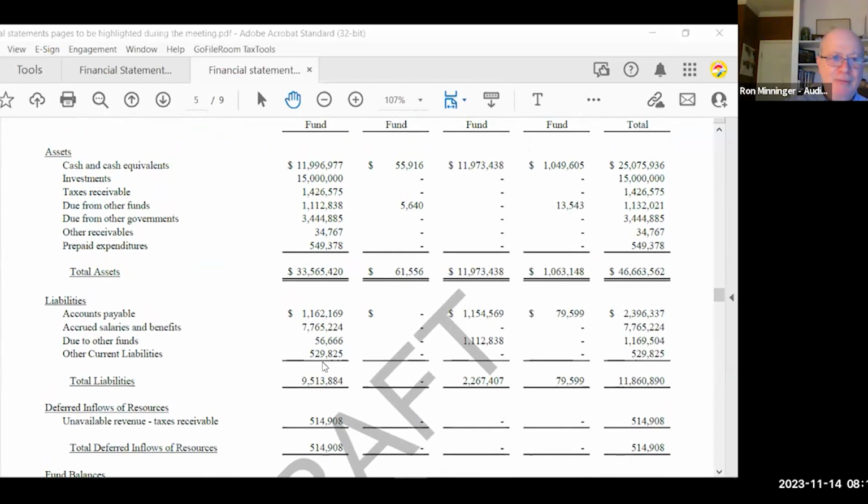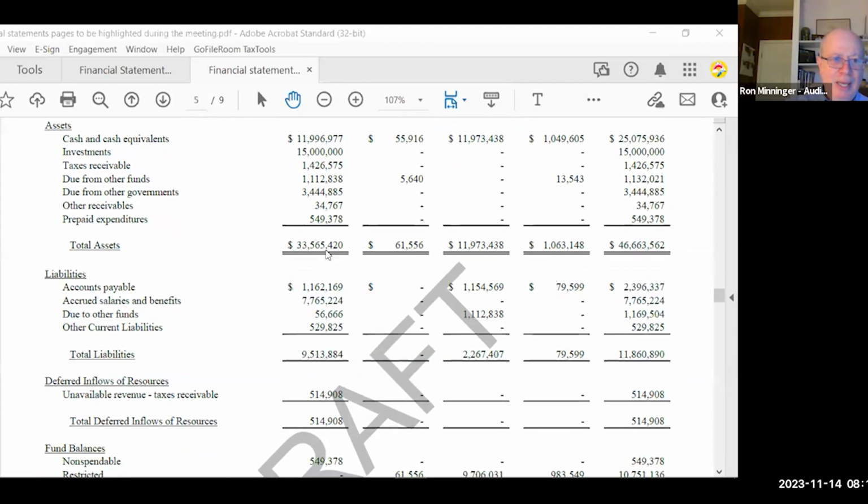And that is comprised of cash and investments of nearly $27 million, plus other current assets, some taxes receivable, due from other governments, that is resident districts, $1.3 million, that's after the write-off, plus subsidies receivable of about $2 million. And then you subtract the current liabilities, biggest being accrued salaries and benefits. That includes accrued retirement for the second quarter of 2023.